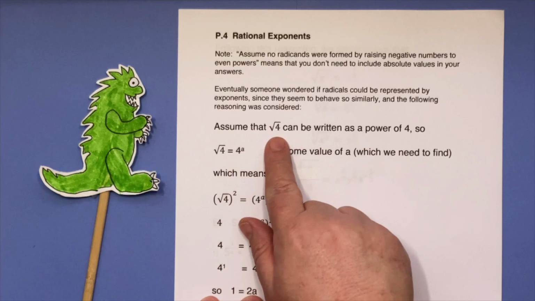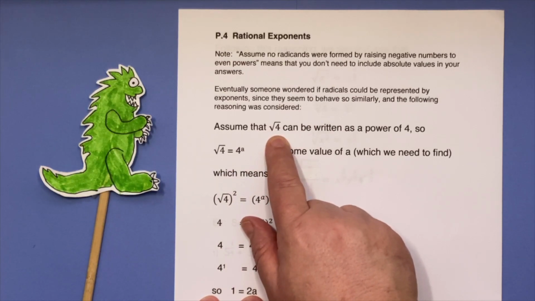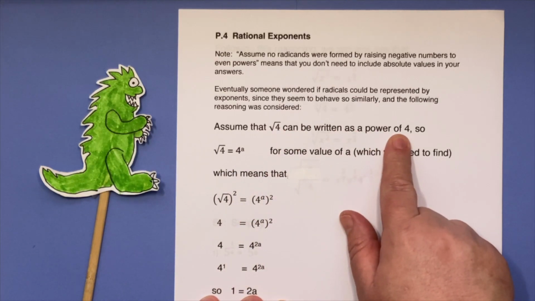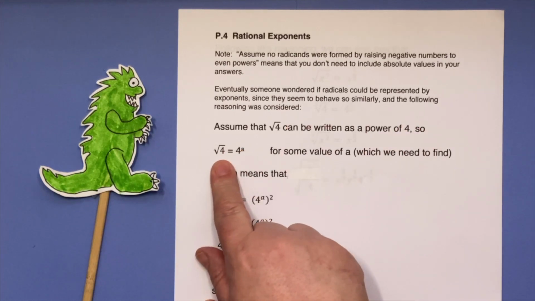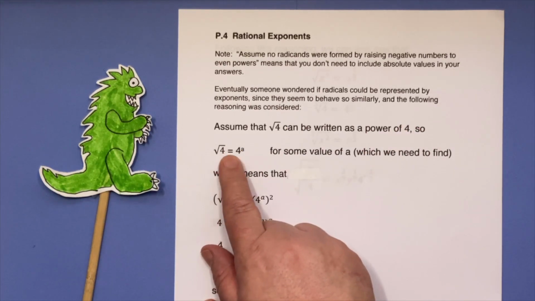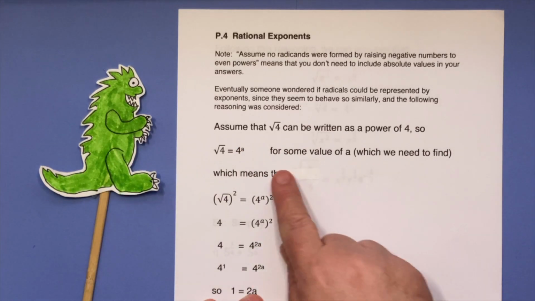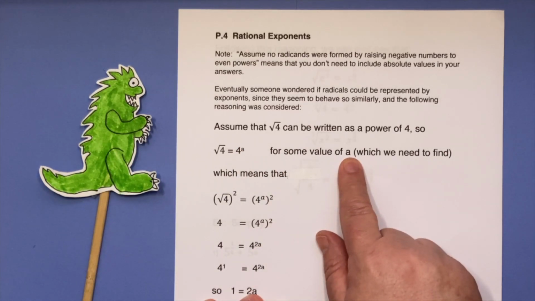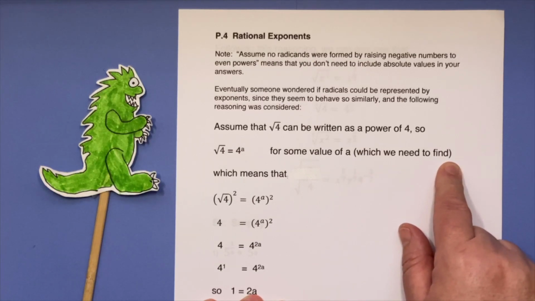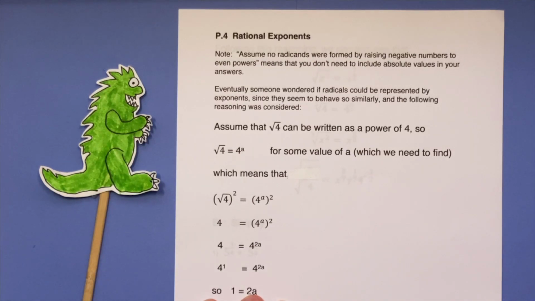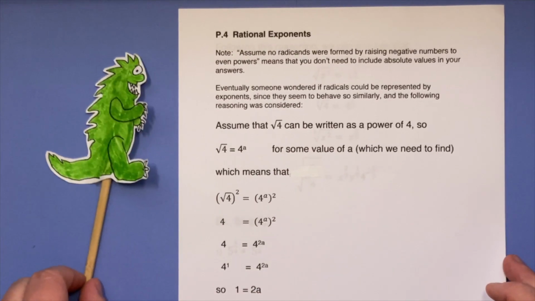So let's assume that the square root of 4 or radical 4 can be written as a power of 4. So in other words, square root of 4 equals 4 raised to the power of a, whatever a is. And we say for some value of a, which we need to find. So that's what we're going to do. We're just going to start off and say, let's say these two things are equal. Then let's just play with both sides until we get some information from it.